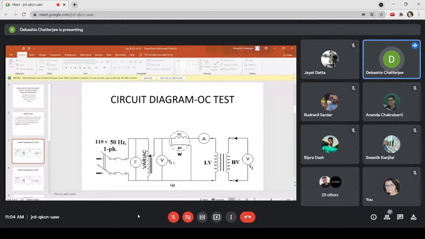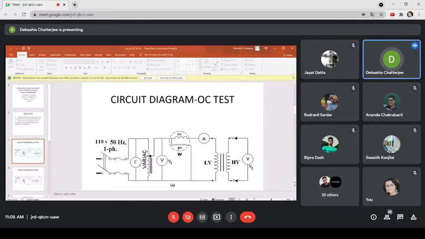But if we take a transformer having different numbers of turns in primary and secondary, you get a low voltage side and a high voltage side. Now you see here for the open circuit test, the open circuit end is the high voltage end, and the metering end, or test end, is the low voltage end, where we have connected four instruments mainly.